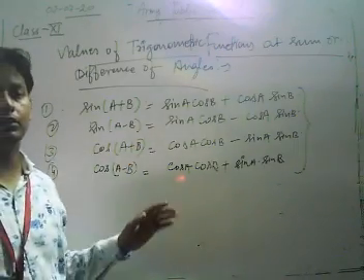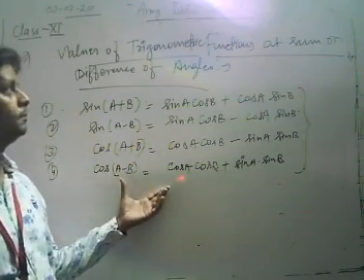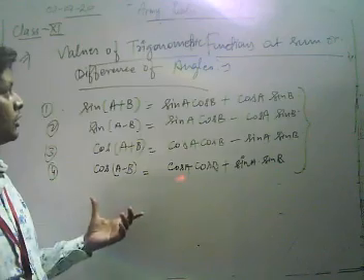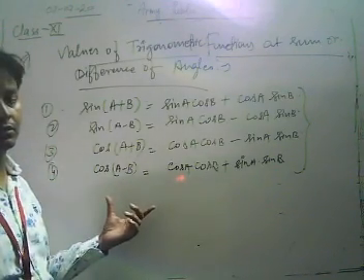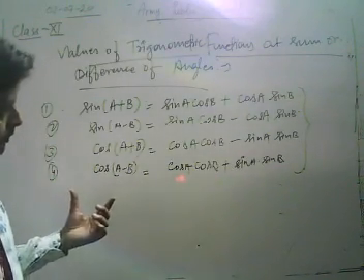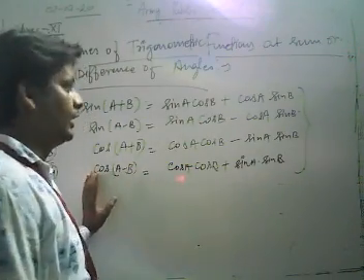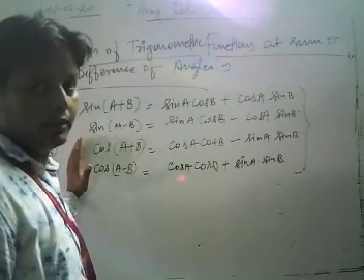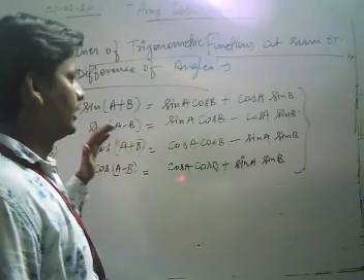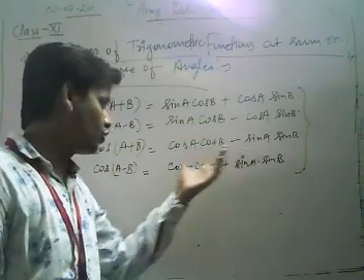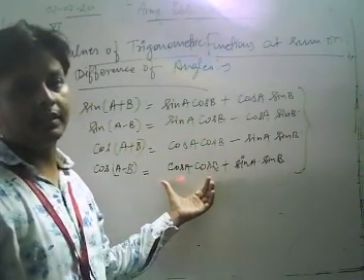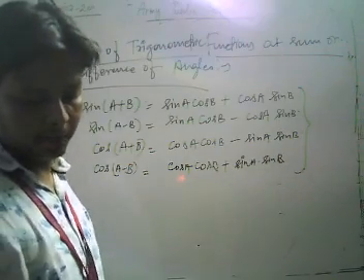These are the four very important trigonometric identities at sum or difference of angles. Always remember these four identities in your mind. There are so many questions based on these identities in our NCERT exercise.